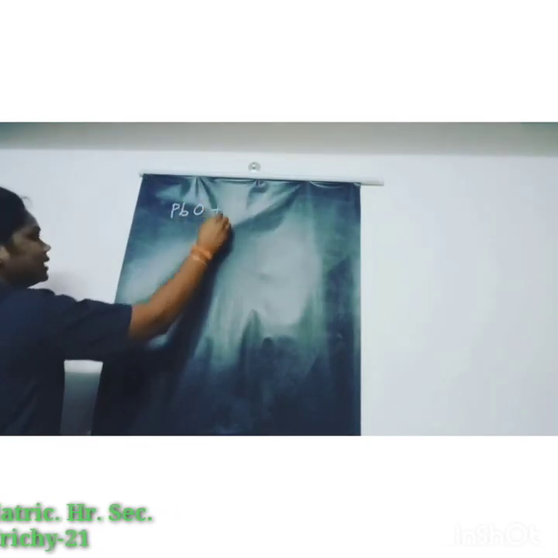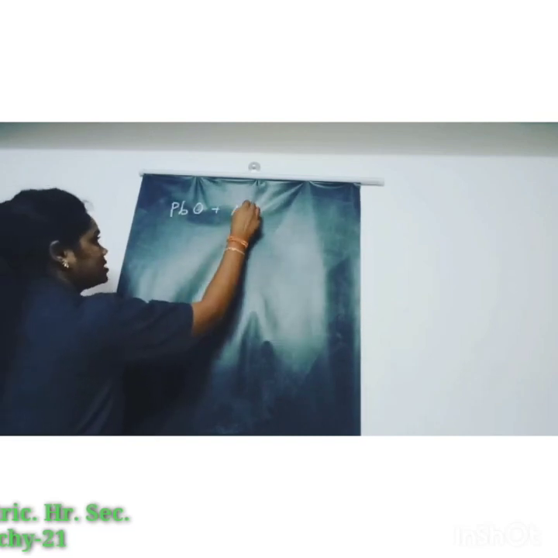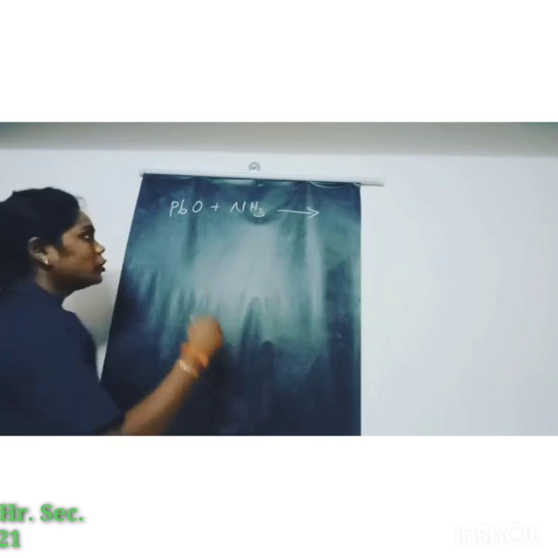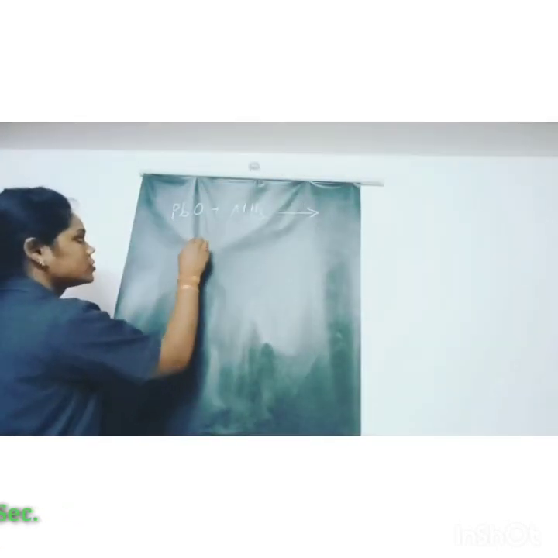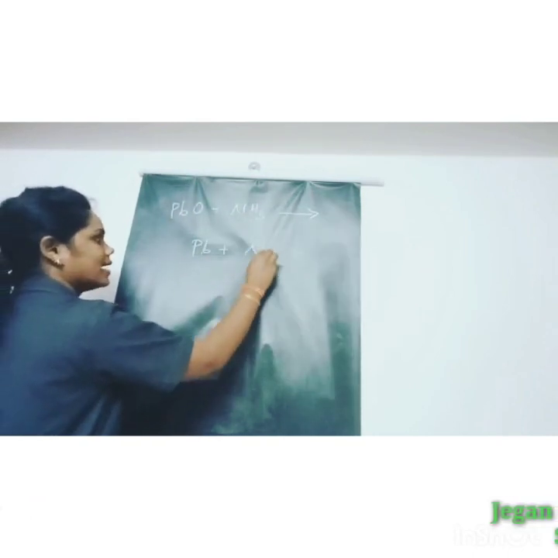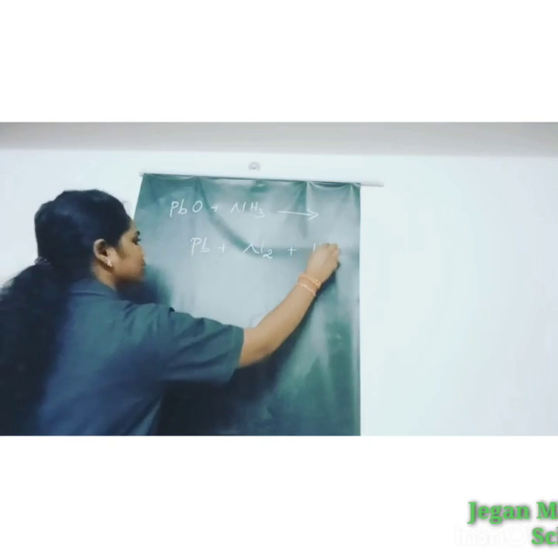That is reacted with ammonia, NH3. The metal oxide is reduced and converted into metal, so Pb metal, and next one is nitrogen, and next one is water molecules.